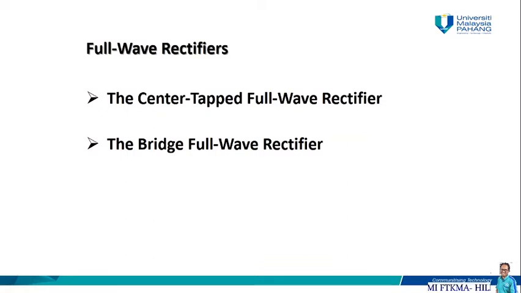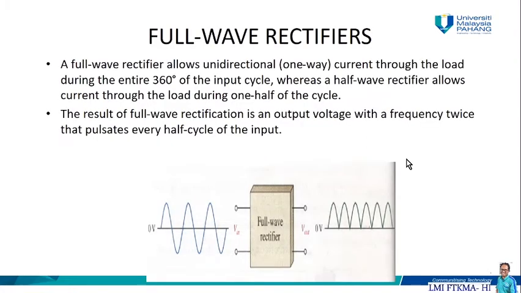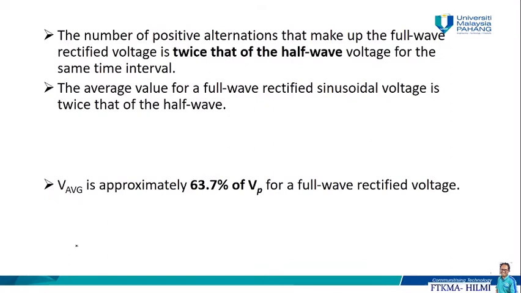Next, we are going to take a look at full wave rectifiers. There are two kinds of full wave rectifier: the center tap and the bridge full wave rectifier. Full wave rectifiers allow a unidirectional, or one-way, current through the load during the entire 360 degrees of the input cycle.